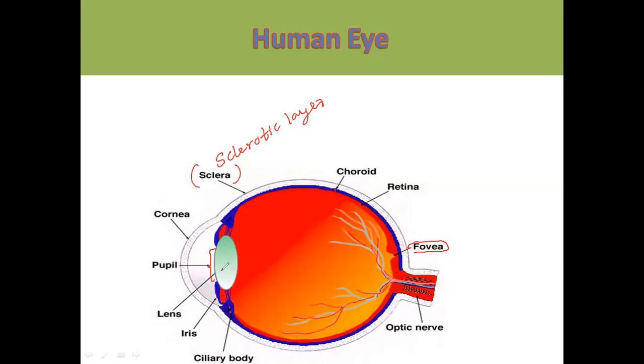In front, the sclerotic layer becomes transparent and becomes the cornea. This is the pupil, this is the lens and this is the iris. Right? Then we can see this part separately in the next slide.